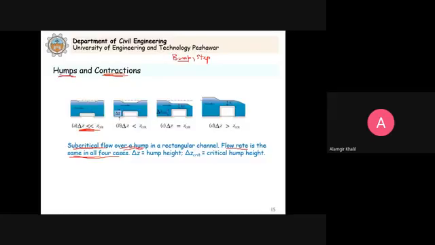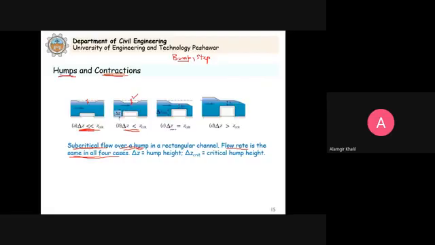Clear? That's why you see a depression in the water surface. Now in this case delta Z is very, very small. When we increase the height of the hump, there is a further depression. You can see this is increasing. Because of this, the specific energy is decreasing, which is accompanied by a decrease in the depth.